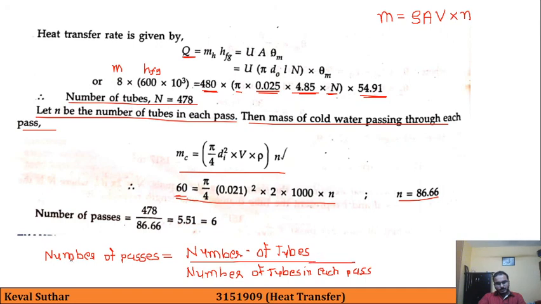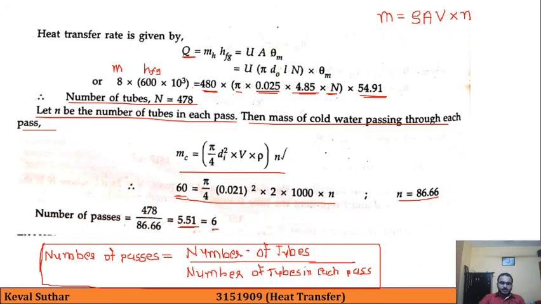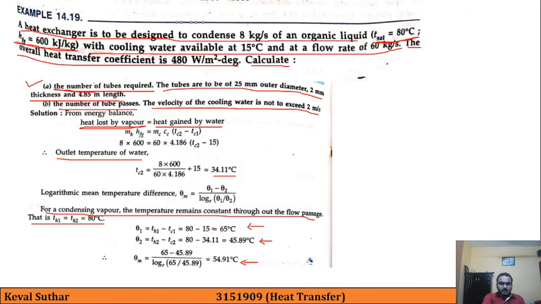So that is the formula that is being used here, and it is quite easy to understand. Based on that we are getting the value as 5.51. So number of passes cannot be in this way, so we need to have an approximate number, that is 6. So this is the second answer that we were required to obtain, that is number of tube passes.